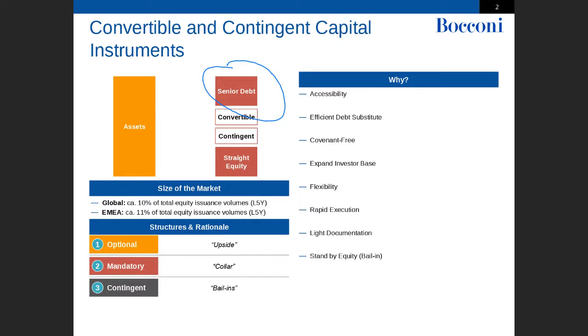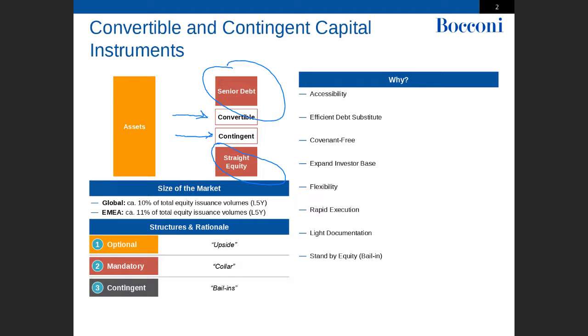With me so far, we have analyzed ways to raise capital as straight equity, whether you do a primary as an IPO, an accelerated book building offering as a primary, a rights issue, or a private placement. But there are hybrid forms, convertible and contingent capital, that sit in the middle of the two liability classes we have just been talking about, I mean, senior debt and equity.